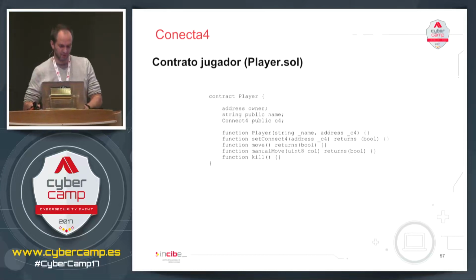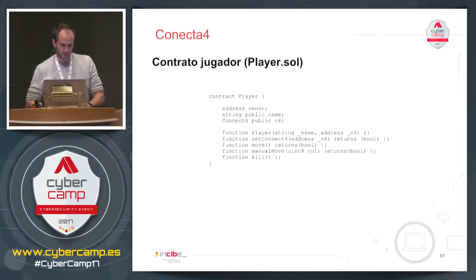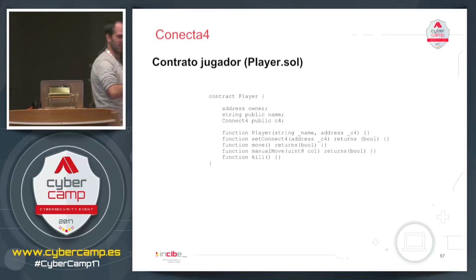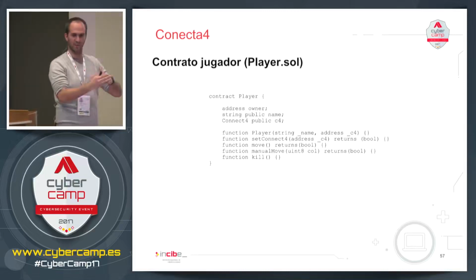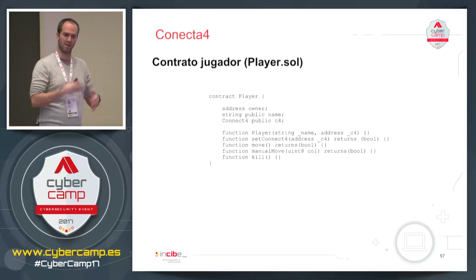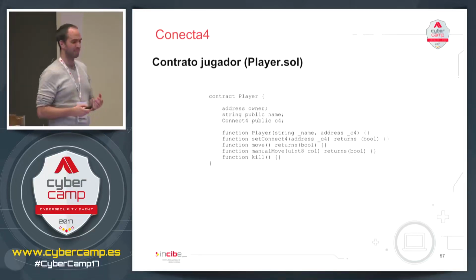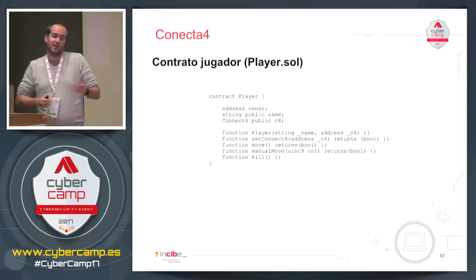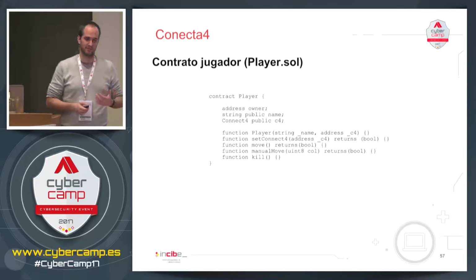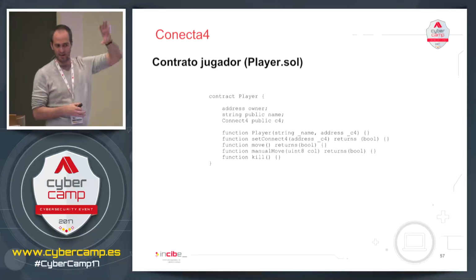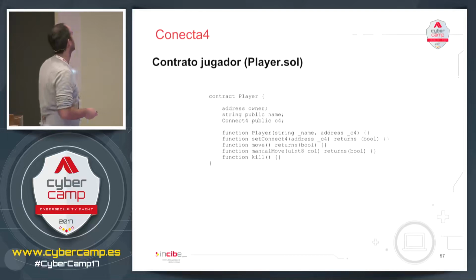That's cool. We can program an intelligence here so that my player plays against his player, and let's see who has programmed the smarter intelligence between the two players. We know that we cannot cheat because the logic is programmed. It's instanced in the blockchain, so we can't change anything.